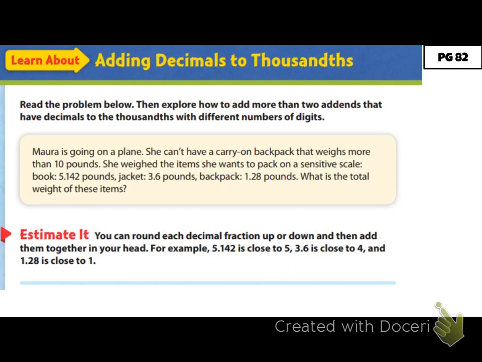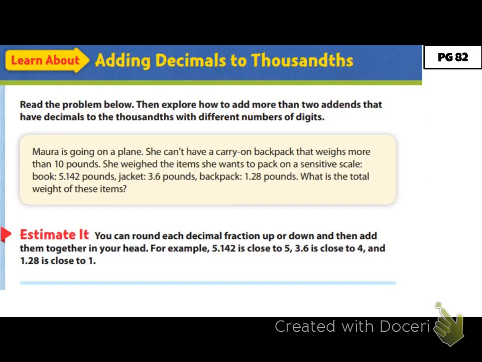She weighed the items she wants to pack on a sensitive scale. Book is 5.142 pounds, which is 5 and 142 thousandths. Jacket is 3 and 6/10 pounds. Backpack is 1 and 28/100 pounds.